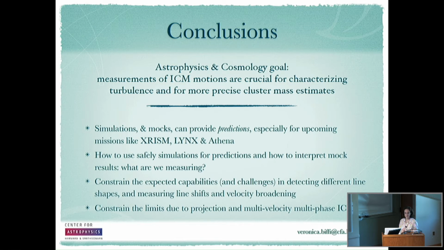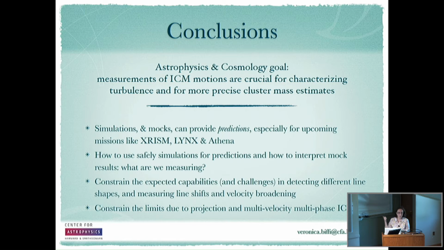So moving from Prism to Athena to Lynx, improving your spectral resolution from 4.5 eV to 2.5, and Lynx is 3-something. This would probably make things worse because it's really difficult to, no, I'm kidding.